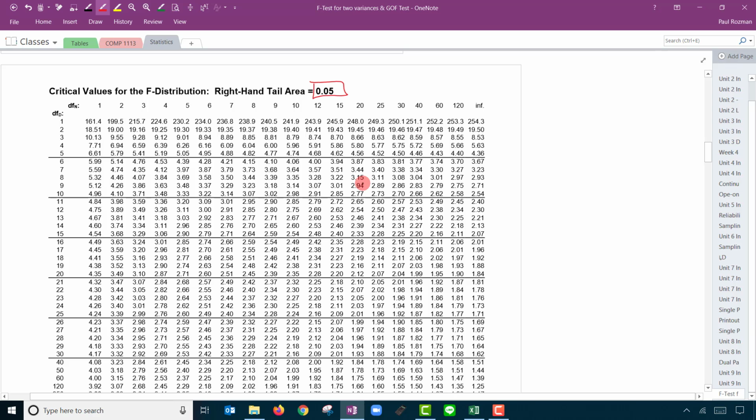So say we had a numerator of 6 and a denominator of 10, our critical value would be 3.22. It would look something like this, and 3.22 would be here, and the area to the right of it would be 0.05.